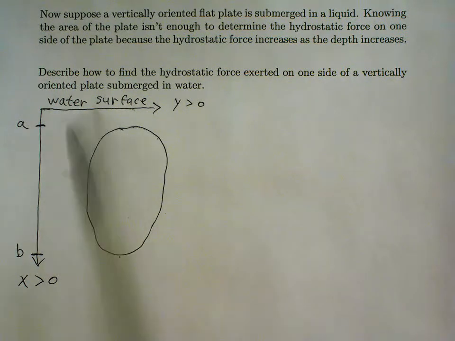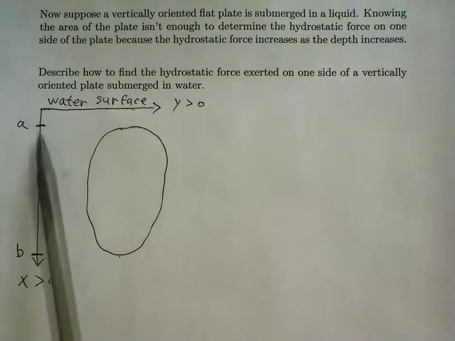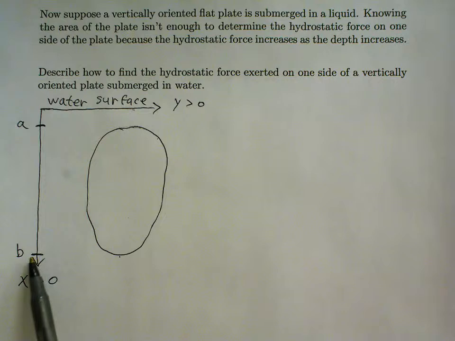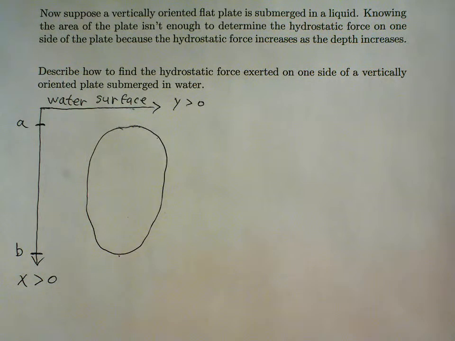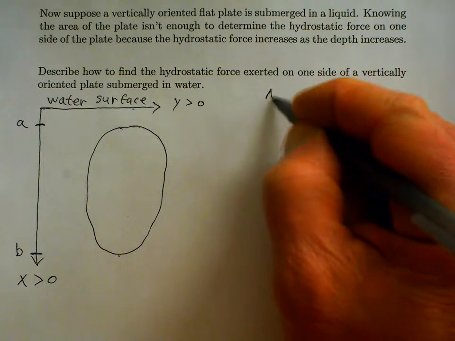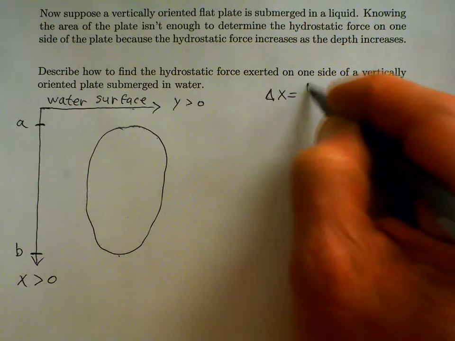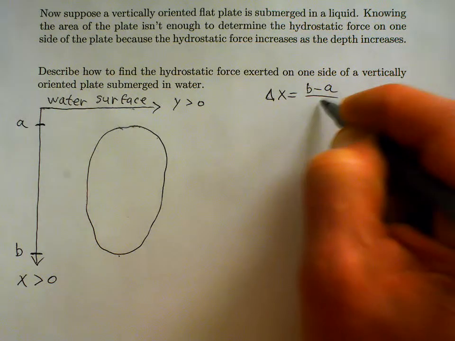And we're going to subdivide the interval from A to B into n subintervals, each of length delta x. So as usual, delta x is b minus a divided by n.